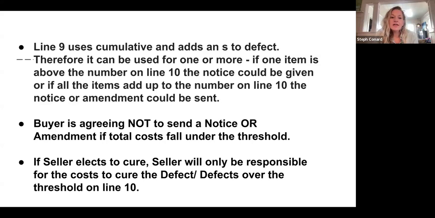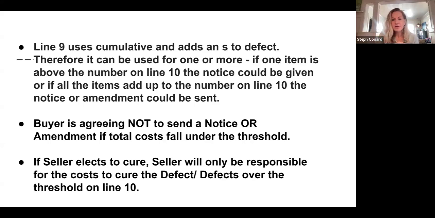And it's also the case that if there are multiple items that maybe are $1,000 or $2,000 or $3,000, that individually do not add up to that $5,000, that's fine. The cumulative cost of those items does fall over that $5,000 threshold and still could be used for this threshold requirement. So it's either or.